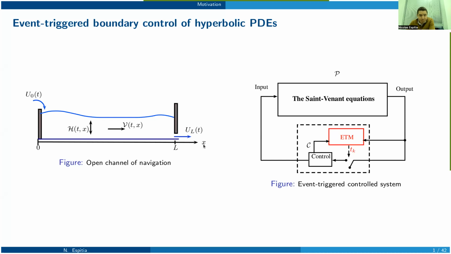And this is particularly beneficial in large-scale applications like this one, especially if we consider a network of cascade open channels with hydraulic actuators which have inertia. So I think that event-triggered control can play a crucial role here. So the key message is to act and to update the control value only when needed.